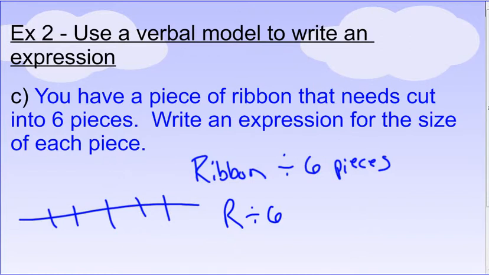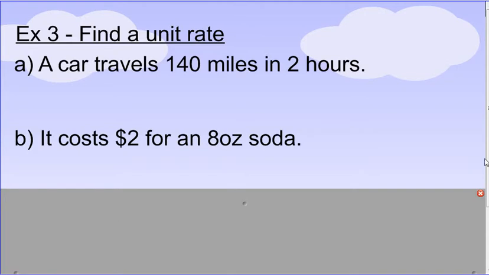So let's move on to our unit rates. So when we're finding these rates and unit rates, first off, a rate is kind of like, you can write it as a fraction. It's comparing two things, like I said, like miles per hour or student to teacher. Those are all kind of things we could use as rates.